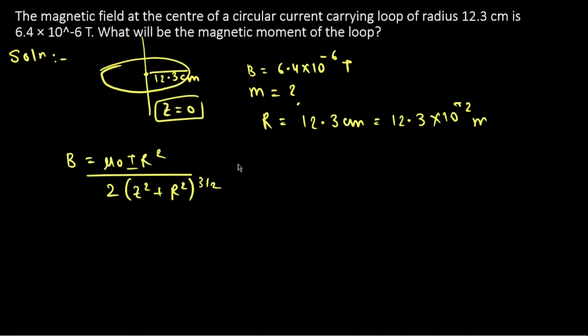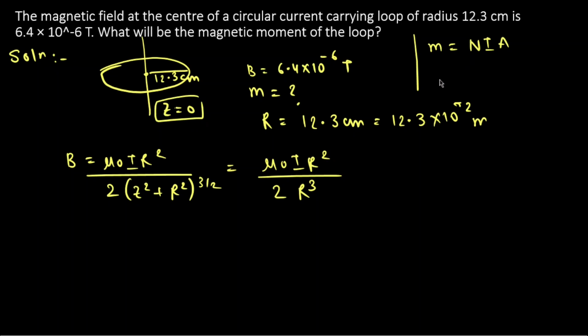Since Z is 0, this will be mu naught I R square divided by 2 R cube. Now since Z is 0, R square to the power 3 by 2 will be R cube. Now keeping it as it is, we know that magnetic moment M is given to us as NIA.